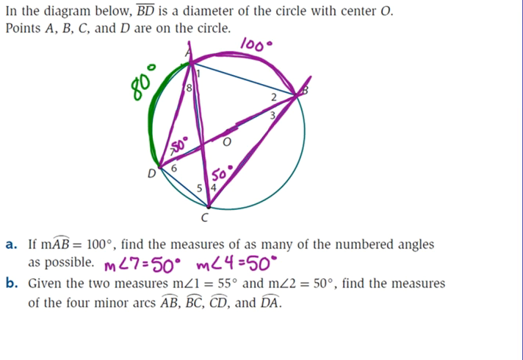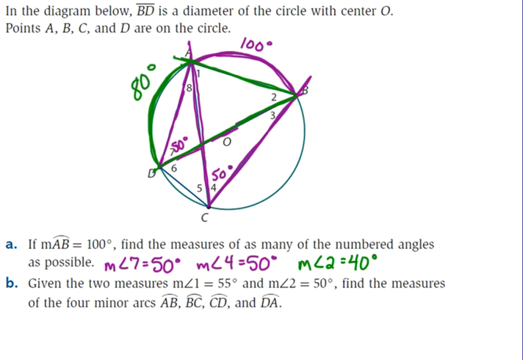So let's look at the inscribed angles for arc DA. If we trace here and here, angle 2 intercepts that arc. So angle 2 is an inscribed angle for arc DA or AD, however you want to look at it. So it is 40 degrees.